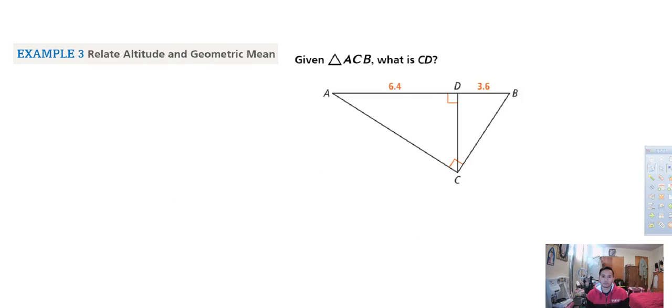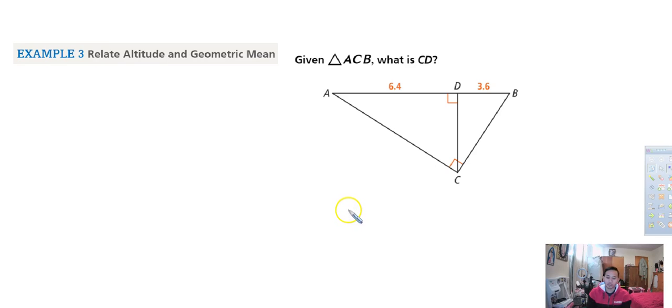Next example: we are going to relate altitude and geometric mean given triangle ACB. What is the measurement of CD? Notice that CD is the length of the longer leg of triangle CDB, and it is also the length of the shorter leg of triangle ADC. By theorem 7-4, the one we introduced a while ago, triangle ADC is similar to triangle CDB.